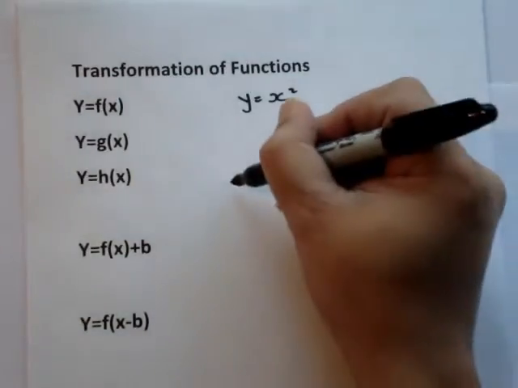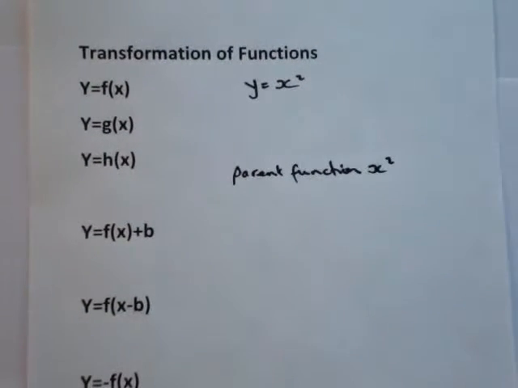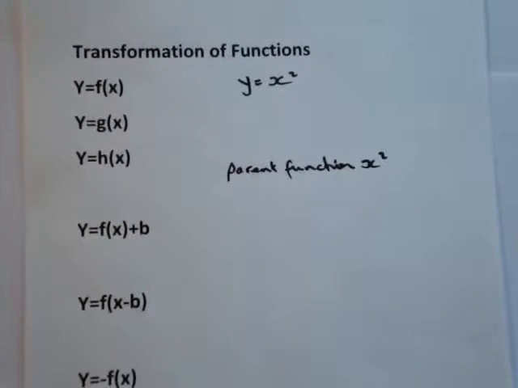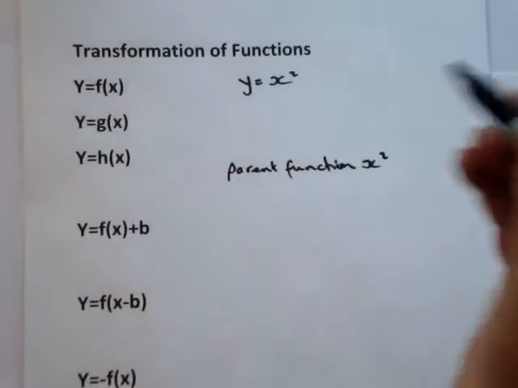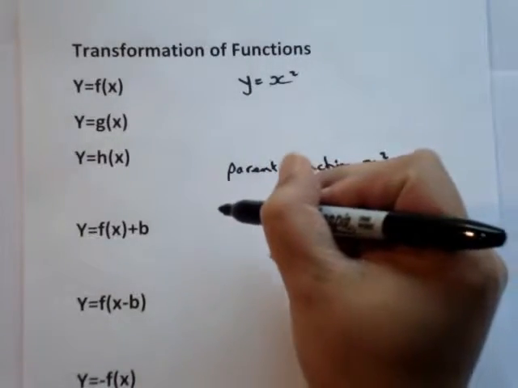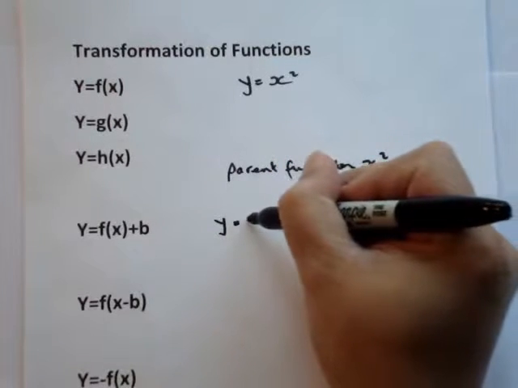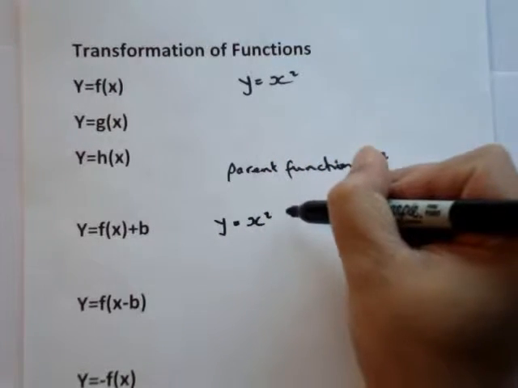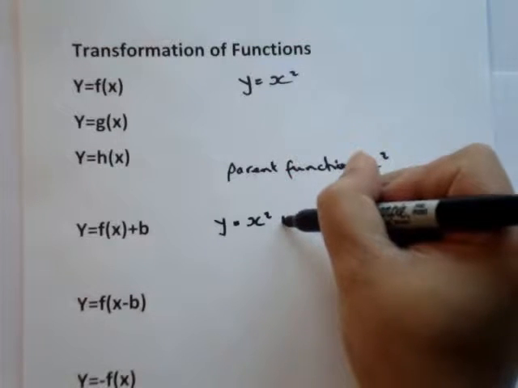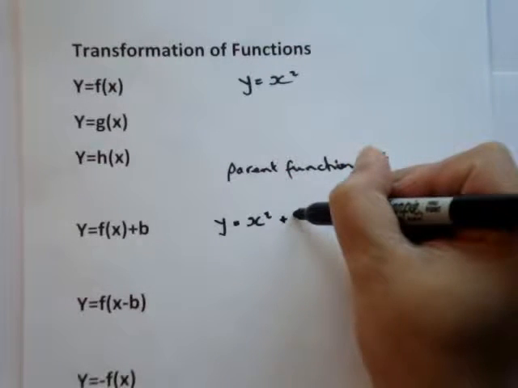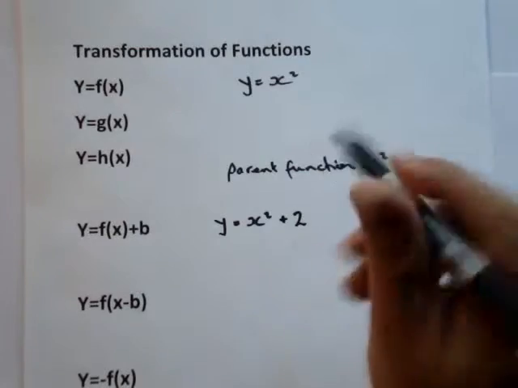For example, if we have the parent function y equals x squared, then this notation, function of x plus b, would be y equals x squared, and if we had b as 2, it would be y equals x squared plus 2.